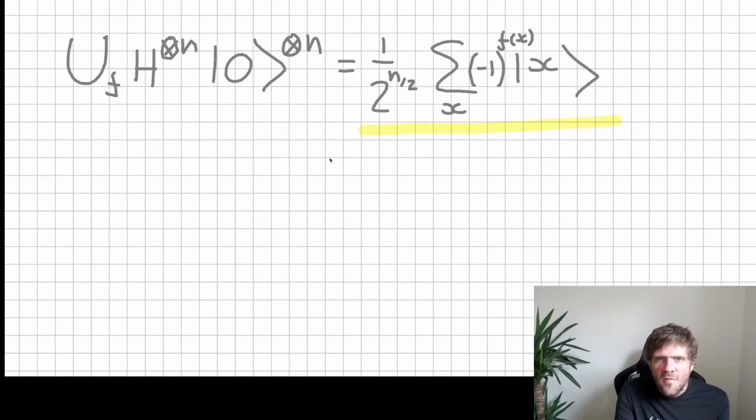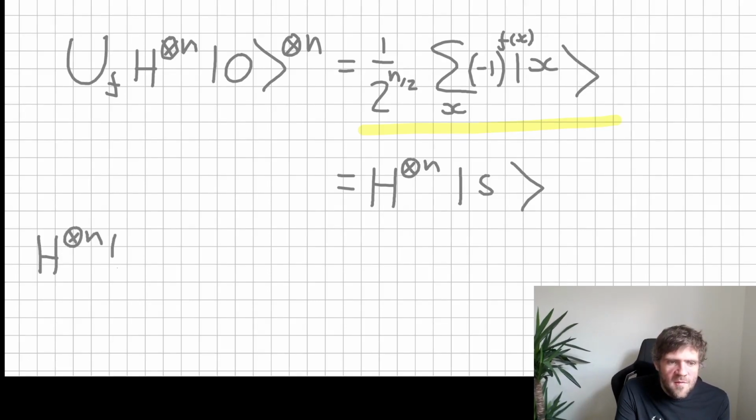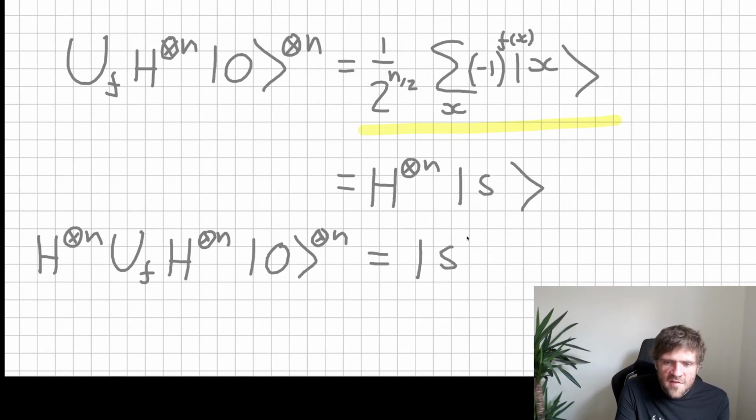is exactly what you would get if you applied Hadamards on all qubits to the state, which is just a bunch of qubits prepared in the bit string S. So if we were then to finally apply a Hadamard on all qubits, after having applied the phase oracle, after having applied the Hadamard on all qubits to the initial state of 0, then the final state of this whole process is exactly the bit string we want, written in binary.